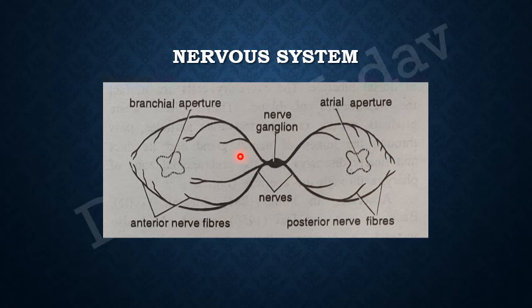Means 2 nerves are innervating the branchial aperture, and 2 are surrounding the atrial aperture. So these are the nerve fibers coming out anteriorly from the nerve ganglion, and these are the nerve fibers coming out posteriorly from the nerve ganglion. And this is the complete nervous system of Herdmania.